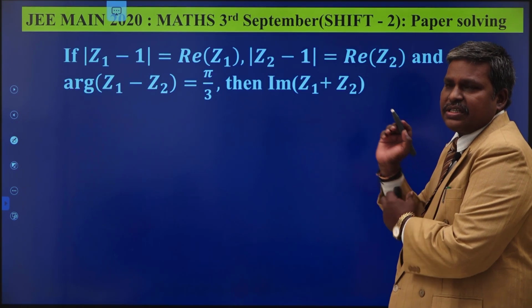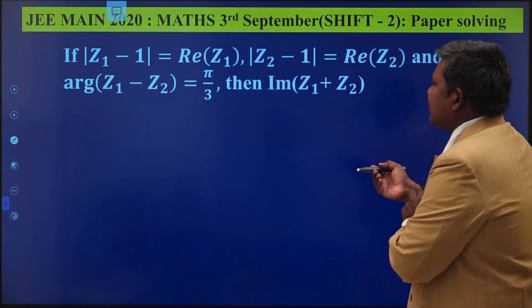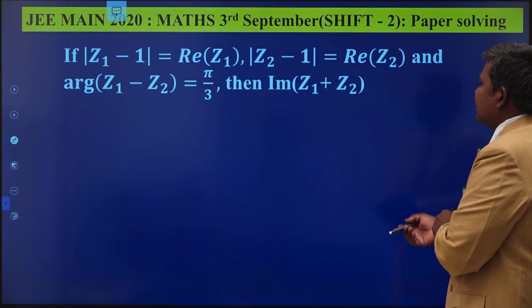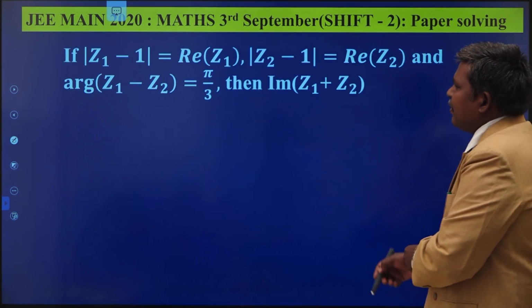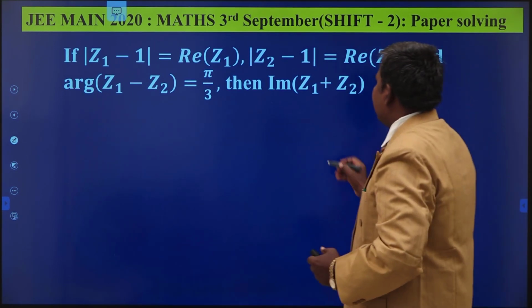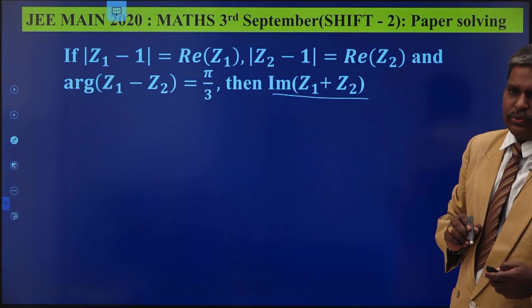See this question, this is related to complex numbers. If modulus of z1 minus 1 is equal to real part of z1, modulus of z2 minus 1 is equal to real part of z2, and argument of z1 minus z2 is equal to pi by 3, then find the value of imaginary part of z1 plus z2.